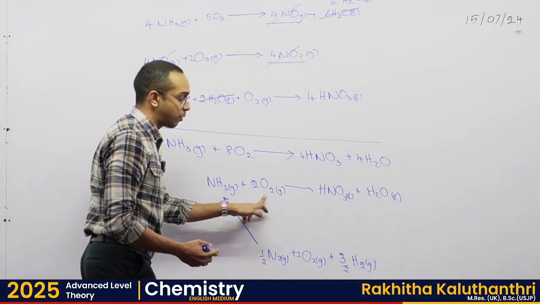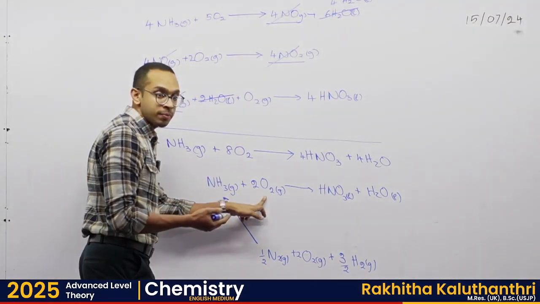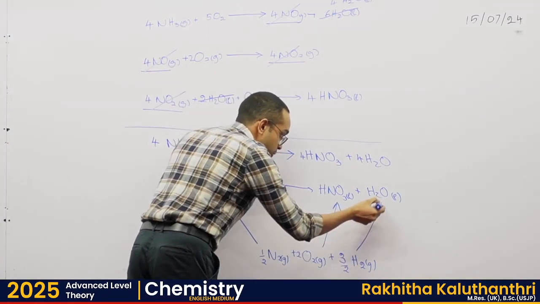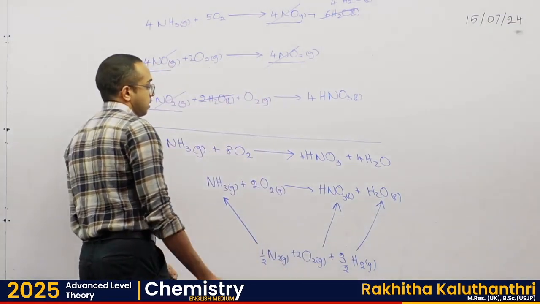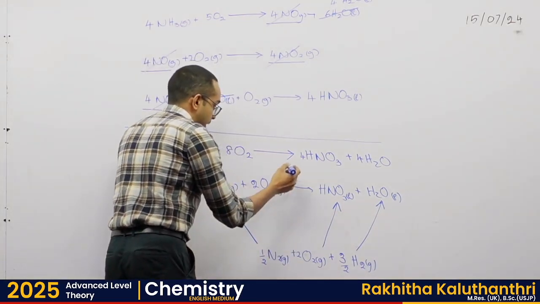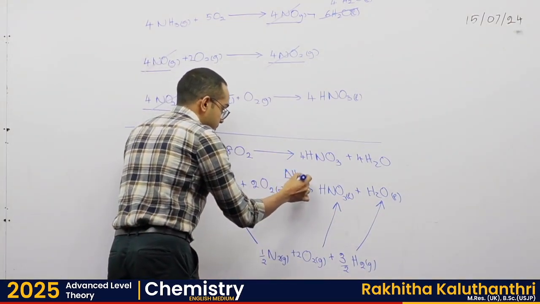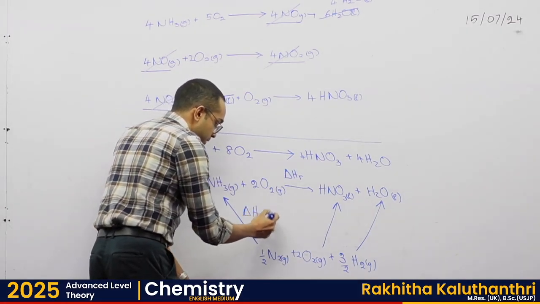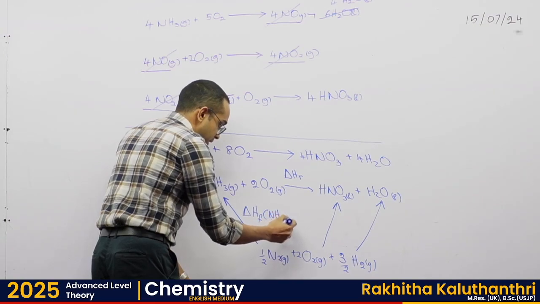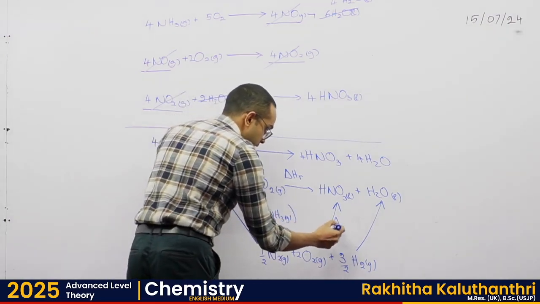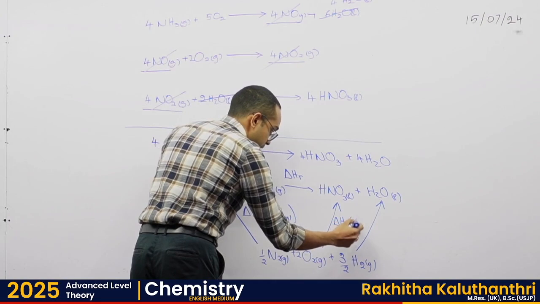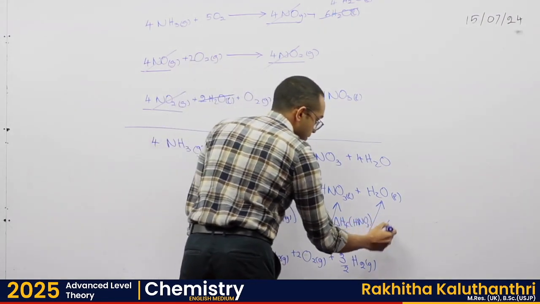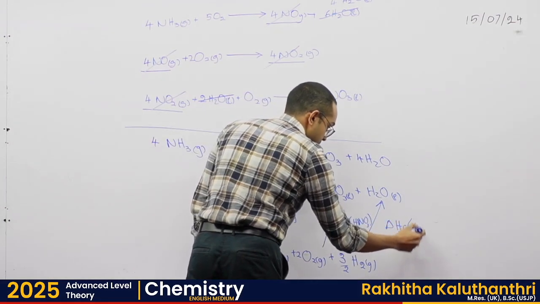No, there's no formation enthalpy for standard state elements. Nitric acid and H2O should be formed. So this is the reaction enthalpy, delta H R. Now this is our delta H formation of NH3 gas. This is delta H formation of HNO3, and finally you have the formation of H2O.